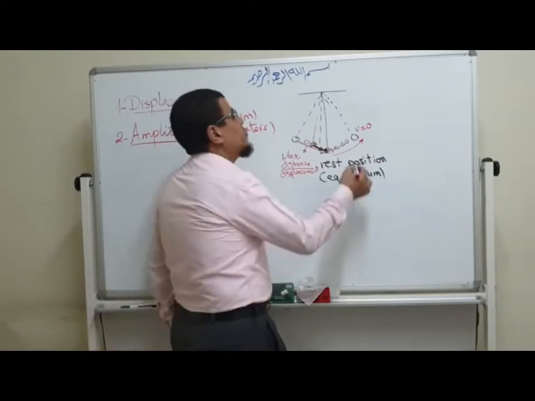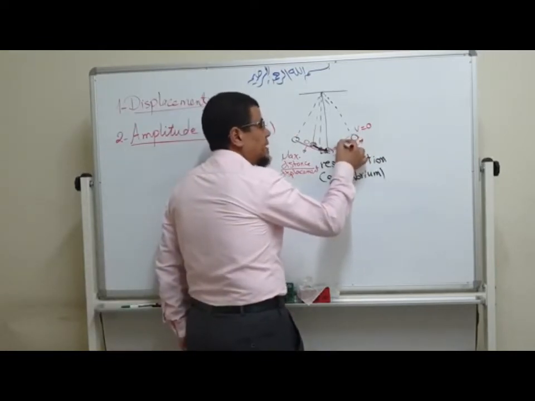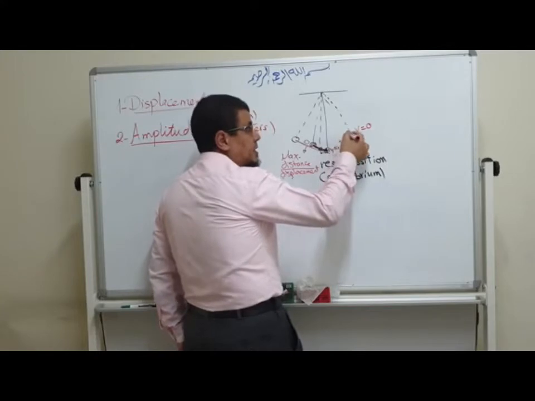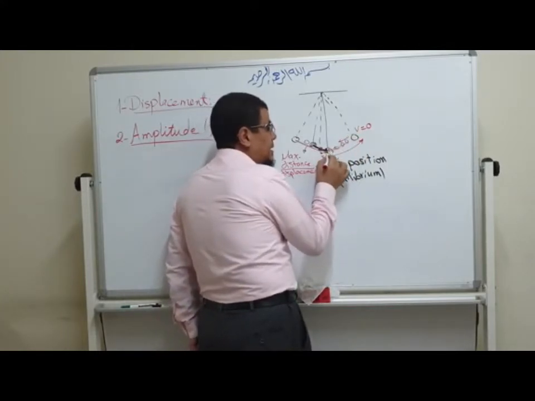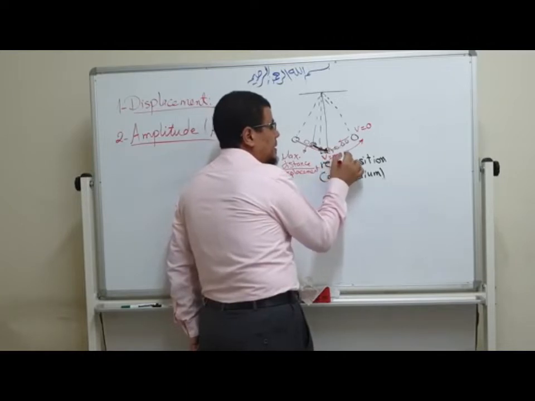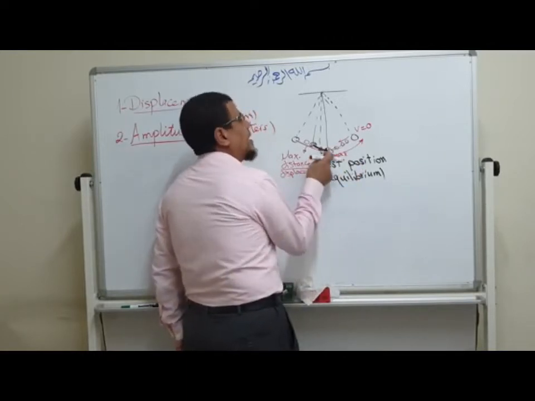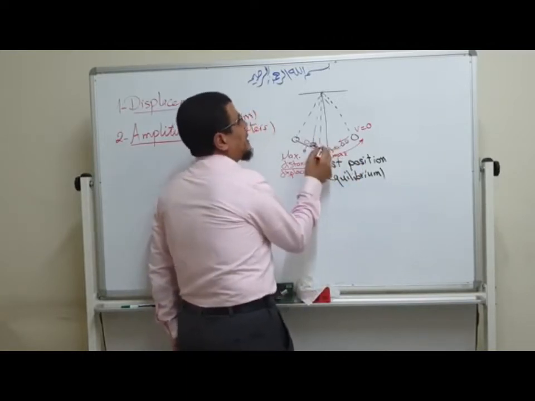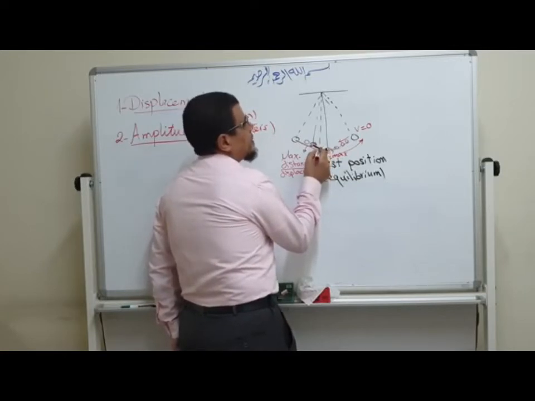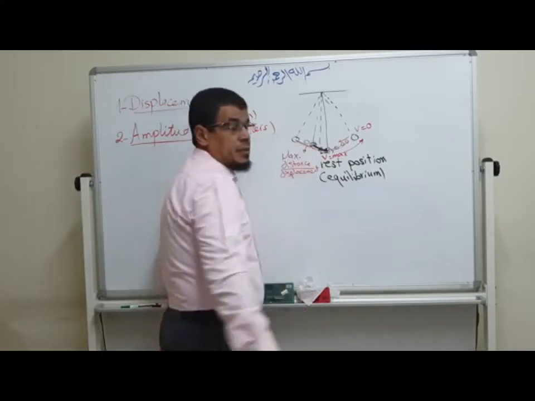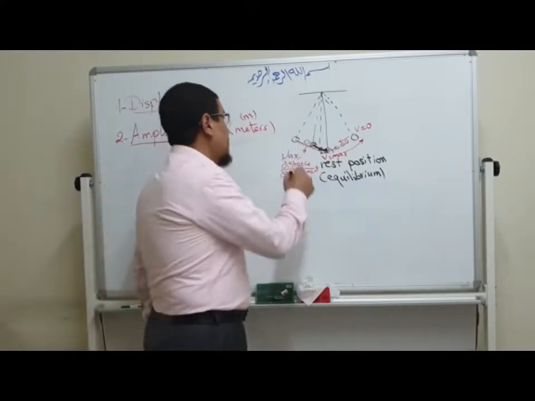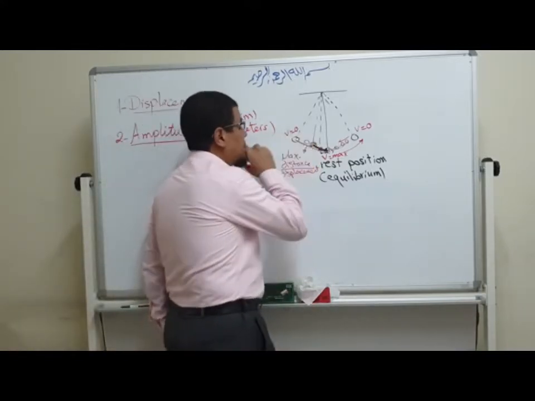Okay, it moves back, so it speeds up, speeds up, till it reaches here, so the speed here is maximum. Why maximum? Because after it passes this point, it starts to slow down again, till it reaches this point, and here again, v equals 0.